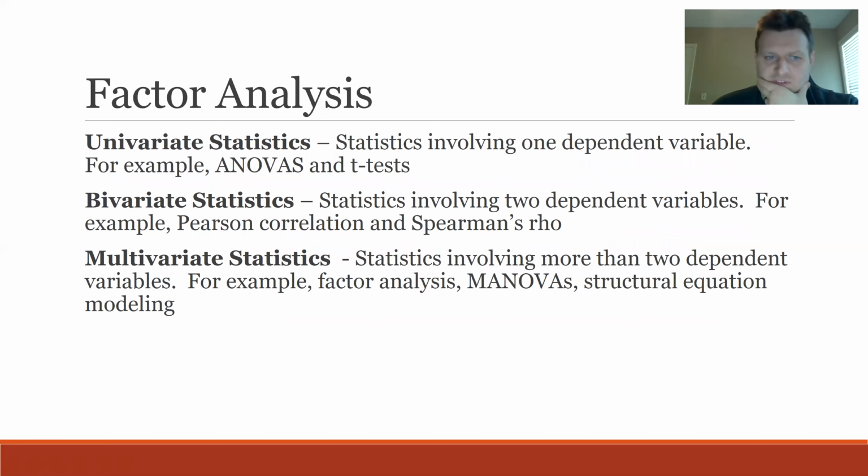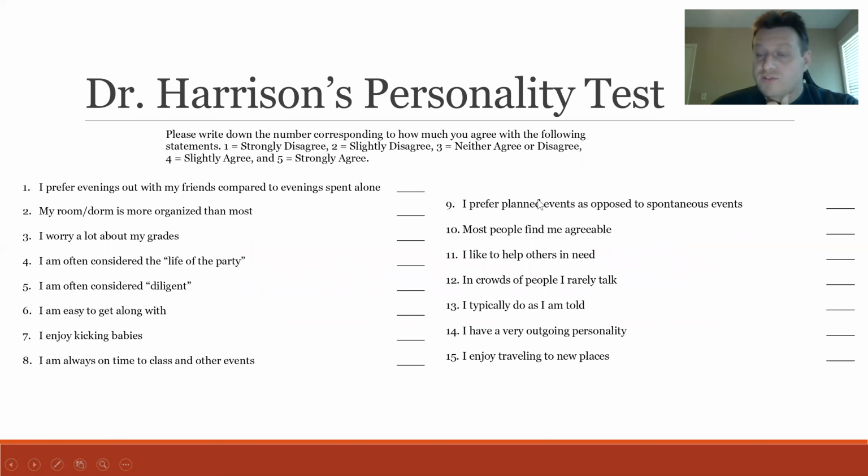So we go to our test. What's the correlation between question 1 and question 2? What's the correlation between question 1 and question 3? 1 and 4, 1 and 5, 1 and 6, and then 2 and 3, 2 and 4, 2 and all those correlations.